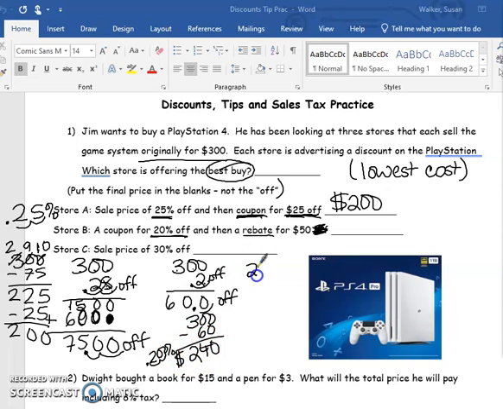So 240, $50 is our rebate. So when all is said and done, we would end up paying $190, okay? Not including tax. I don't like that. I'm going to redo it. It's kind of like bothering me.